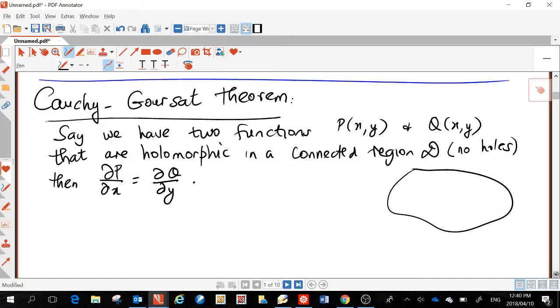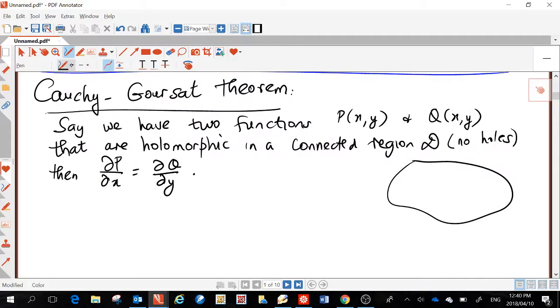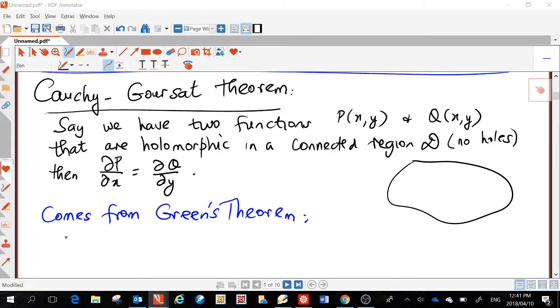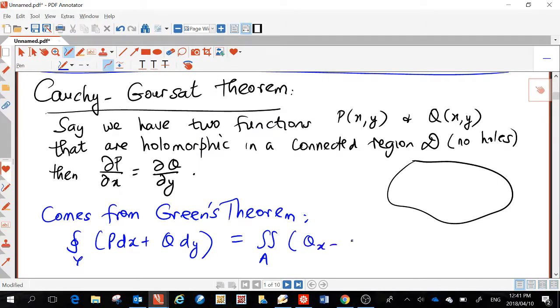Now this, where am I getting this from? So let me delve into Green's theorem. This comes from Green's theorem. I should have had the full statement here. Green's theorem tells us that the line integral of p dx plus q dy, along any path there, can be written as the double integral over an area of ∂q/∂x minus ∂p/∂y.